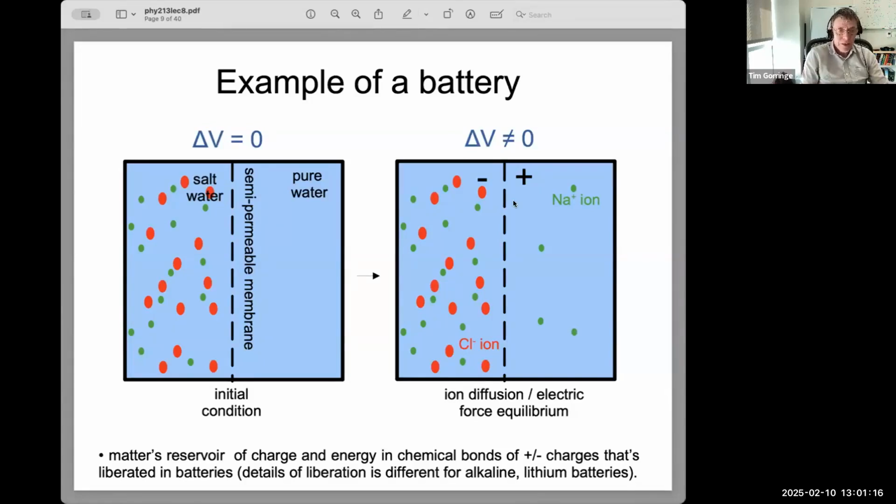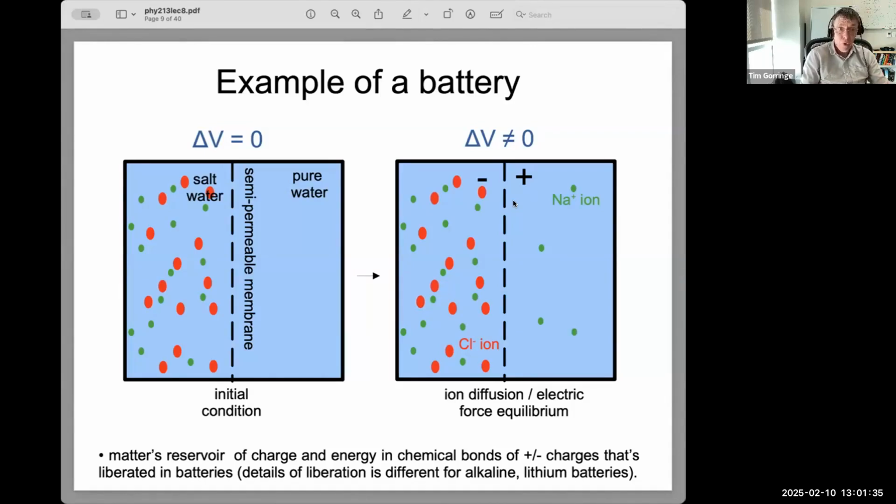This is the type of battery in a cell. So in a cell in the human body, there is fluid inside the cell, fluid outside the cell. These fluids have different concentrations of ions. There are holes or pores in the cell.